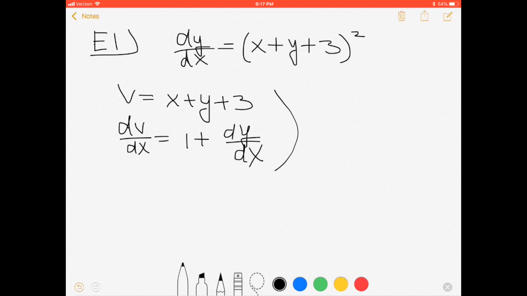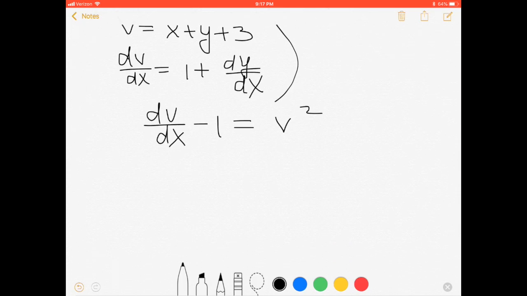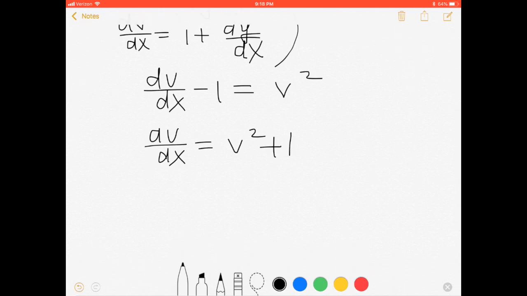Use this substitution, plugging into our equation, we have dv/dx minus 1 equals v squared. So dv/dx equals v squared plus 1. This is an equation with separable variables. This means we have dv over (v squared plus 1) equals dx.